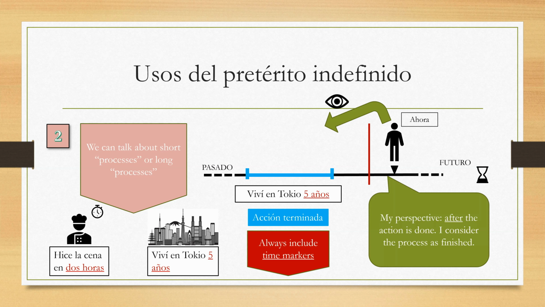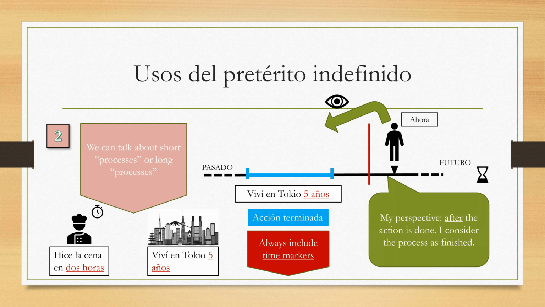So as a summary, we are talking about finished actions that can be done once or can be done 2-3 times. And I can also indicate how long they took to be done.